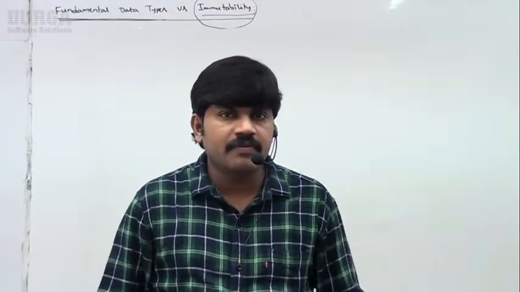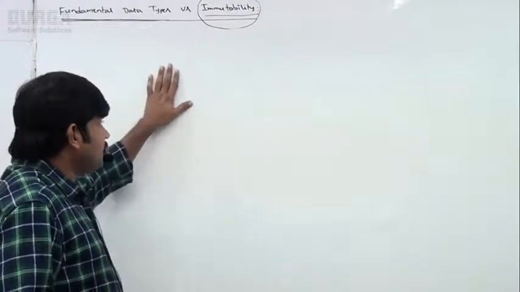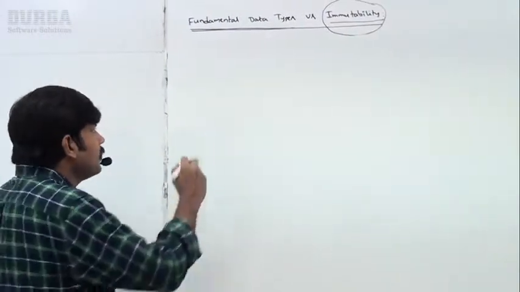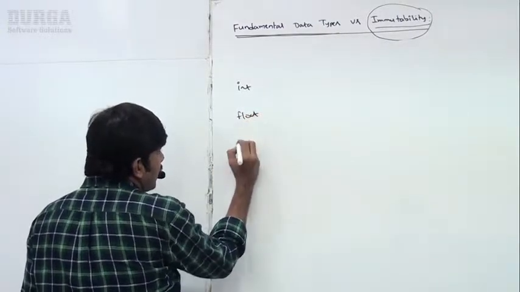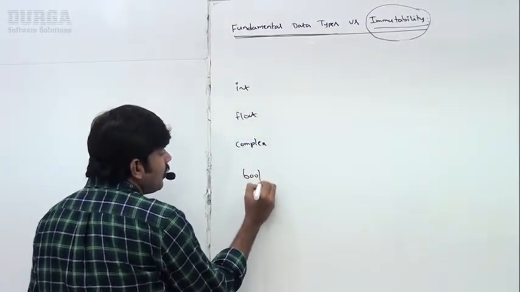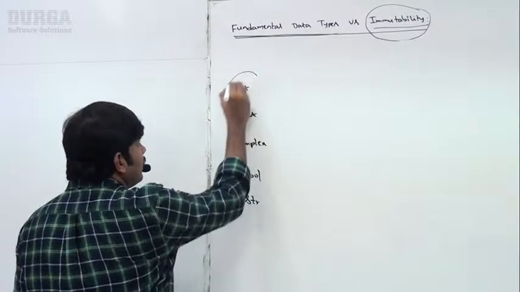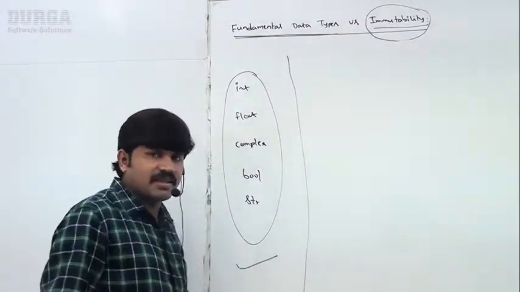Now take very special care, sir. All fundamental data types are immutable, like int, float, complex, bool, and then str. All these things are immutable. Don't worry, sir, everything is immutable.